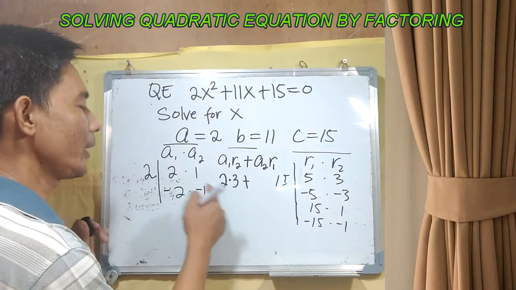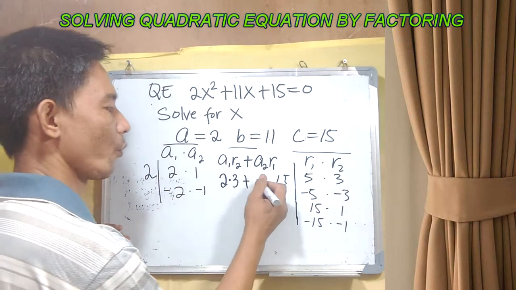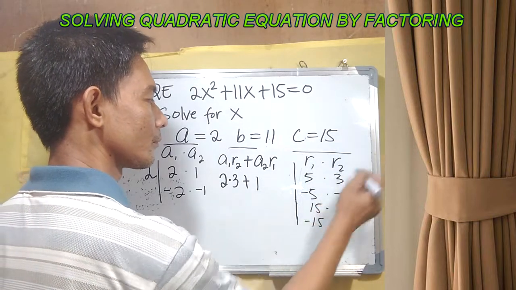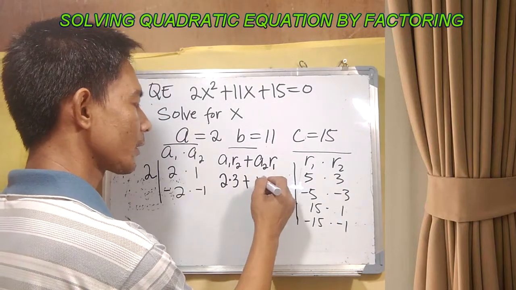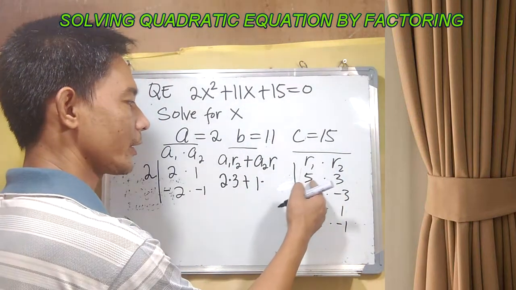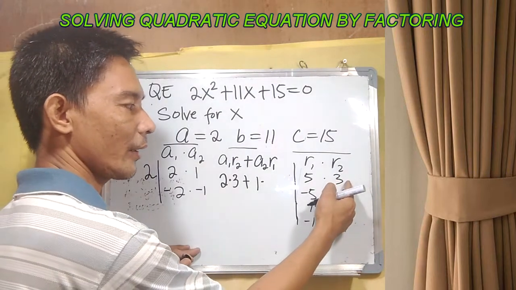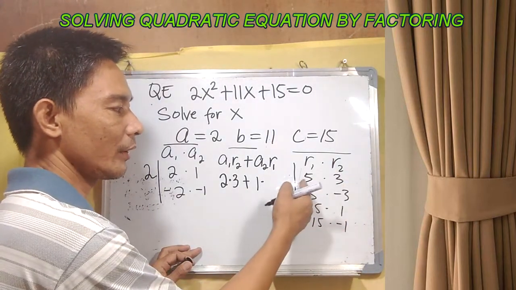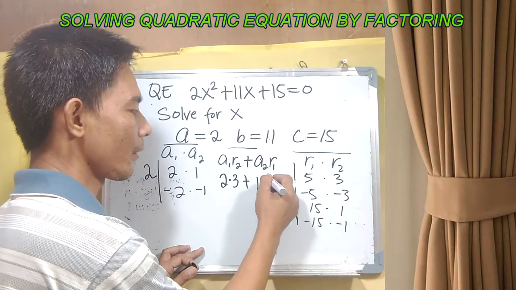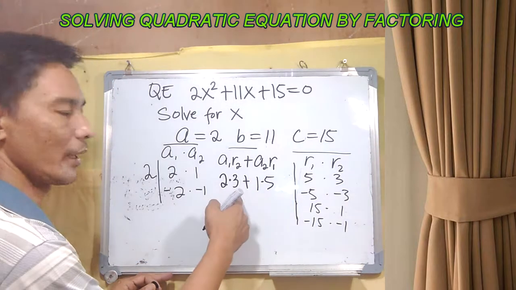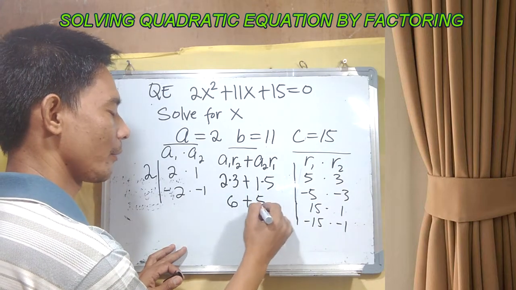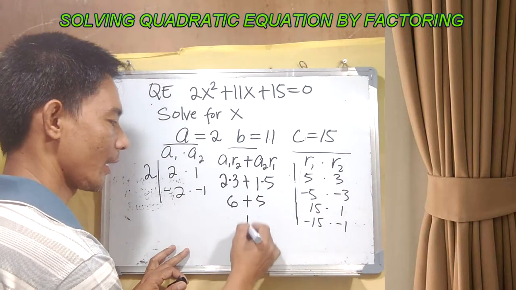So this is our a sub 2, 1, times your r sub 1, also the corresponding pair. Because we select 3 as our r sub 2, then 5 is its pair. So r sub 1 is 5. Then we multiply 6 plus 5. Then the answer is 11.